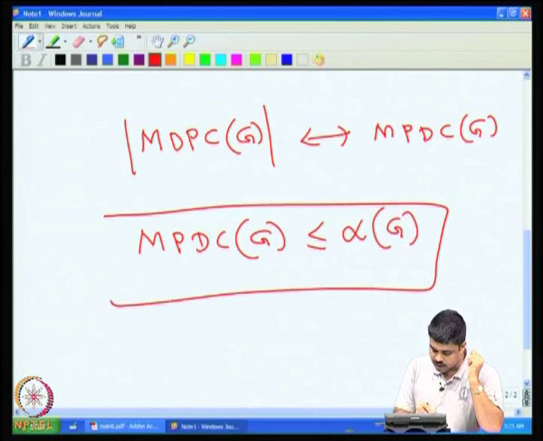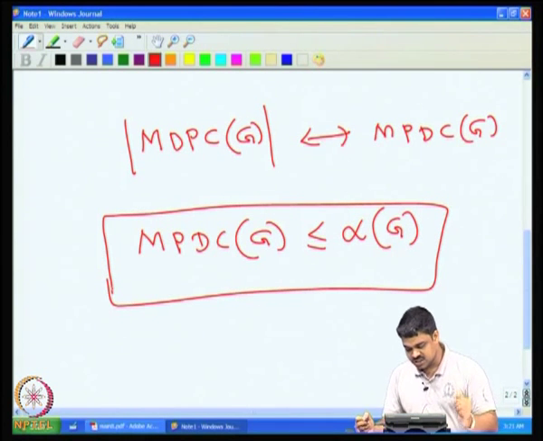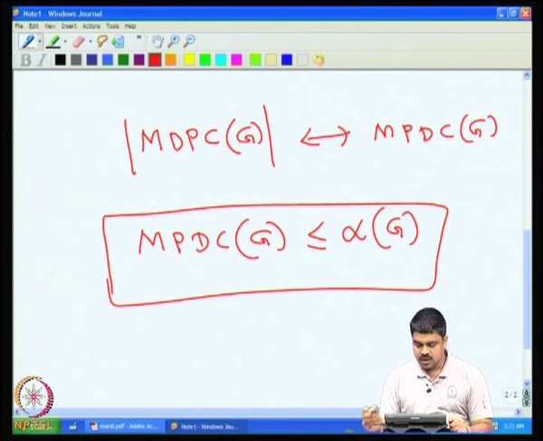This is called the Gallai Milgram theorem. So a slightly stronger statement we will prove here. Alpha of G is the independence number. Remember, the independent set of a directed graph is the same as the independent set of the underlying undirected graph. The direction will not make any difference in the independent sets.